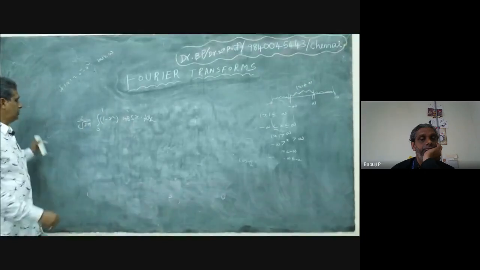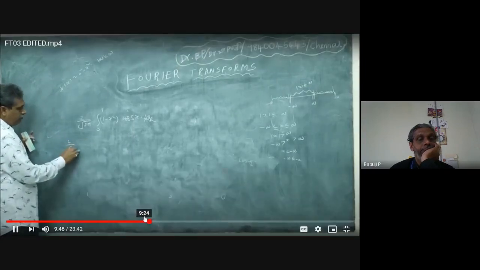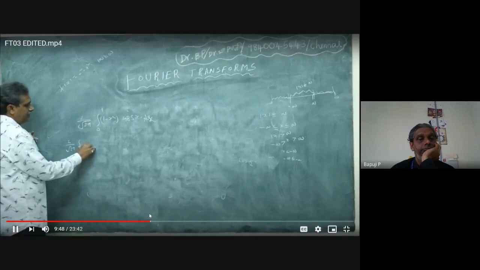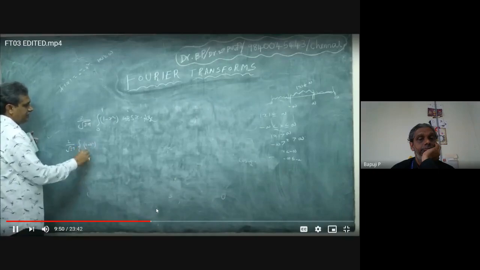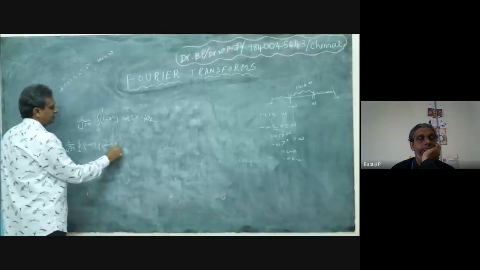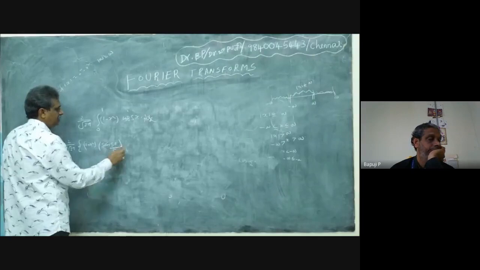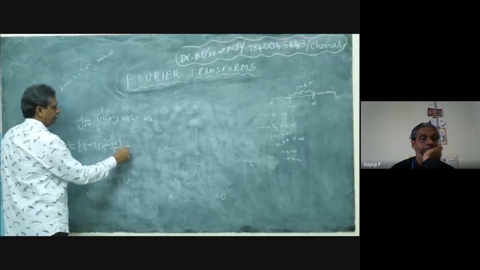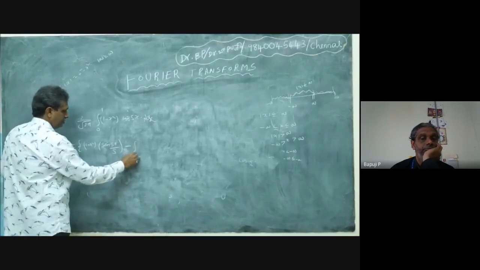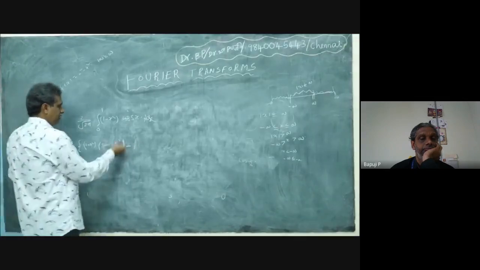So what you will do: 2 by root 2 pi, 1 minus x square you keep as it is. Cos sx integration is what? Sin sx by s. Because of Bernoulli's formula, one fellow you keep as it is, integrate, minus, again 0 to 1. What you integrated, the same fellow again you integrate.